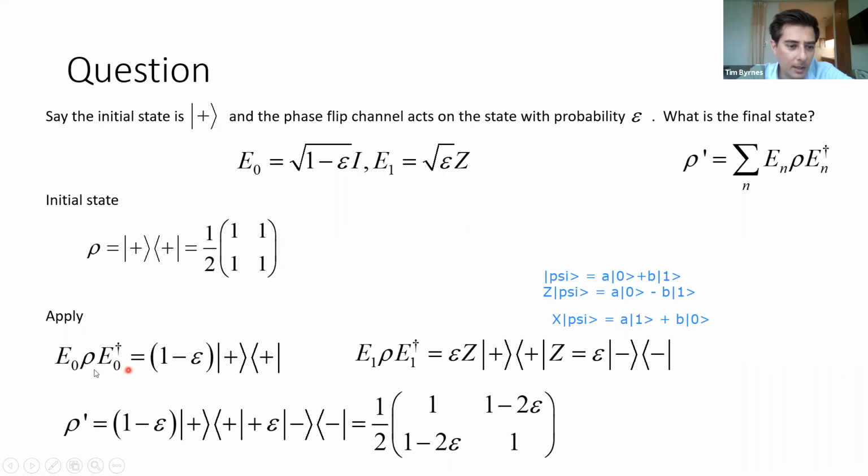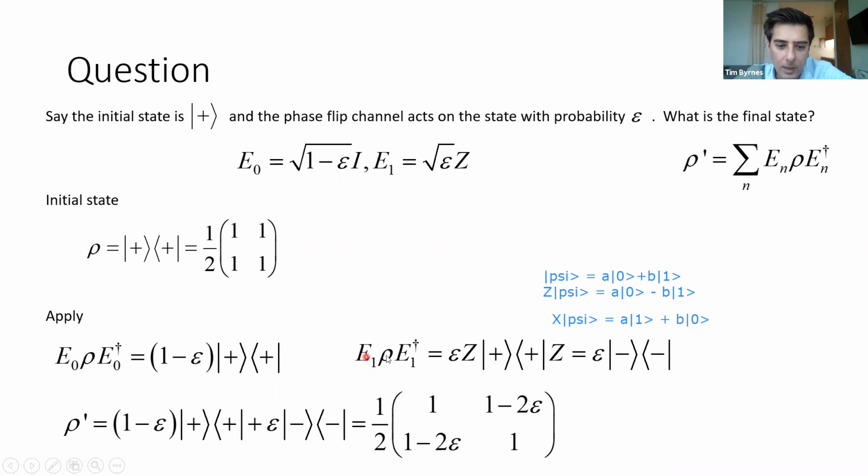So essentially, E0 rho E0 dagger will give this same factor that we had on the previous slide, 1 minus epsilon, basically the probability of the error not occurring. And then that's just the same state because no error has occurred.